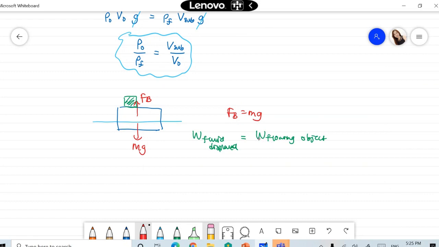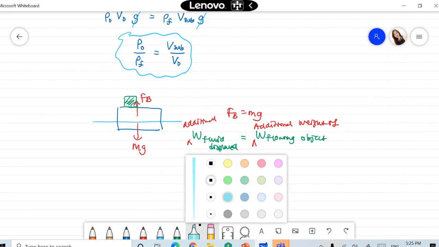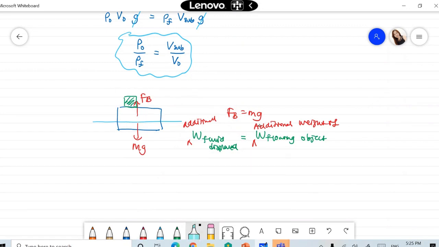Now I add an additional weight on the floating object. The additional weight of the floating object is equal to the additional weight of the fluid displaced. If you add an object on top of a floating object, the additional weight added to the floating object is equal to the additional weight of the fluid displaced.